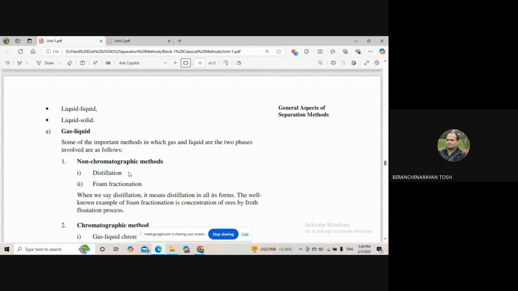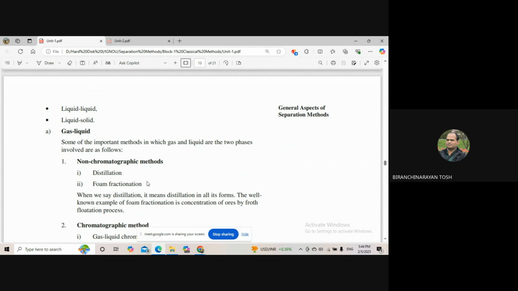In non-chromatography, we have distillation and foam fractionation. Distillation we already know, which involves gas and liquid in equilibrium. Foam fractionation, we know as the froth flotation method by which sulfide ores can be concentrated.